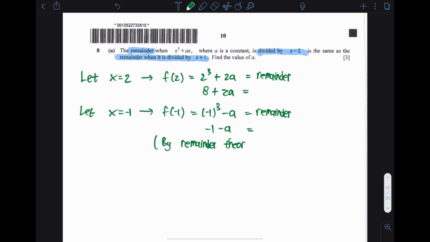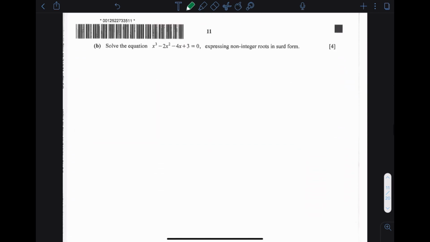Good presentation to explain what theorem you are using. So now you just tell them that since the remainders are equal, I can equate them together. You'll get 3a equals negative 9, so a is negative 3. Very simple.